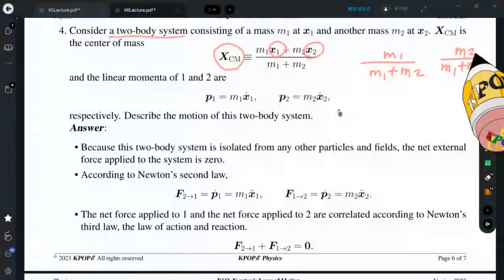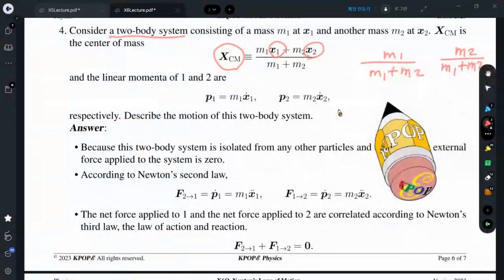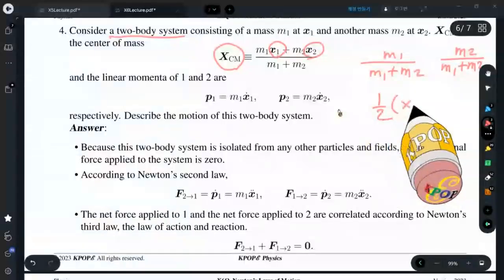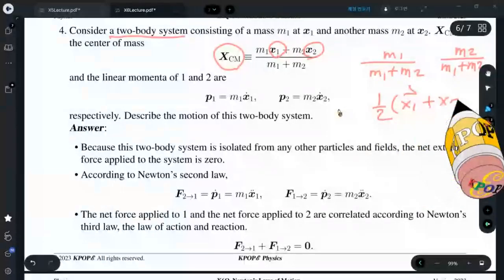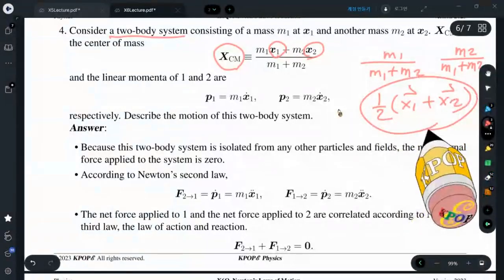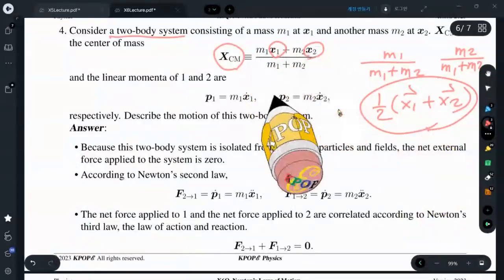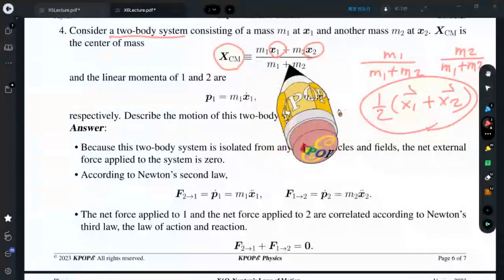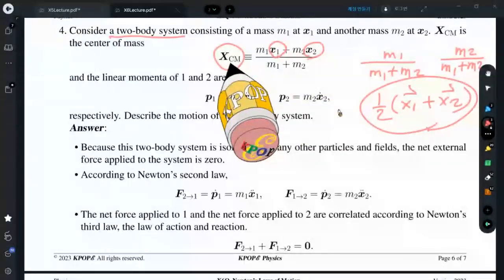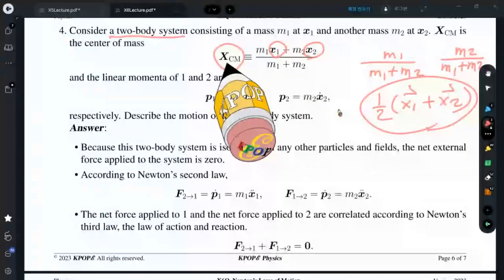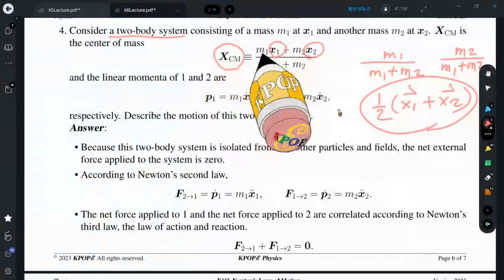If they are identical particles, then it becomes just the midpoint of the two. But if they are different, then the center of mass will be closer to the heavier particle.